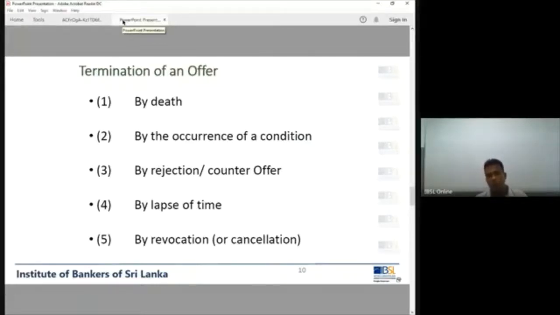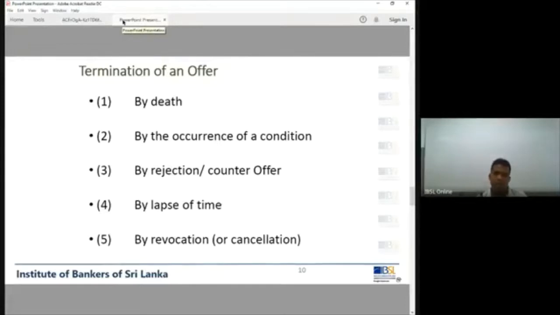If the offeree, instead of accepting the offer, makes a counter offer, then the offer comes to an end. For example, if I offer my vehicle to the offeree for 5 million, and the offeree rejects it, saying I can't accept your offer because it's too high, then it's a clear rejection. So the offer comes to an end.